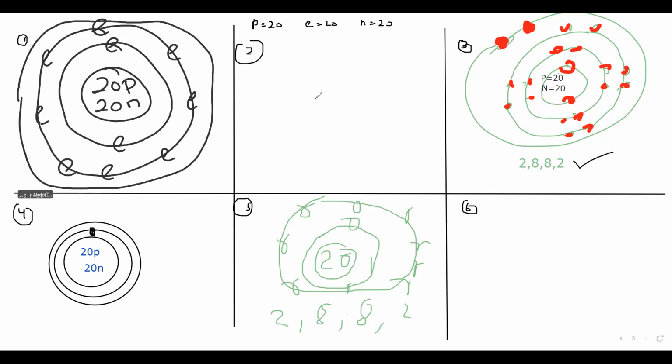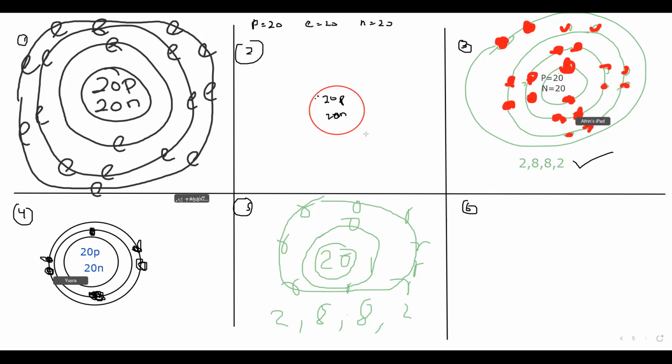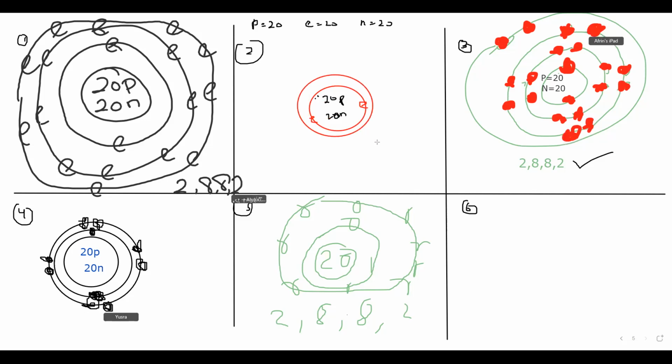Like first you write 20 protons and 20 neutrons. The first shell, which is closest to the nucleus, can hold maximum 2. We have to arrange a total of 20 electrons. The second shell can have maximum 8.